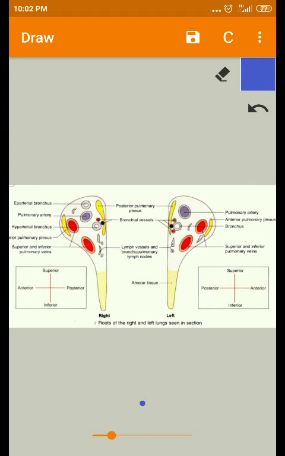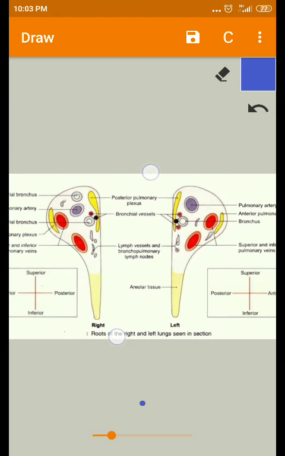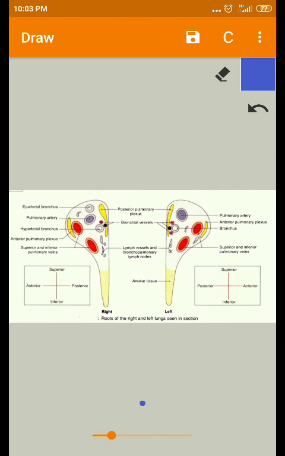It is formed by the structures which either enter or come out from the hilum. The roots of the lung lie opposite the 5th, 6th and 7th thoracic vertebrae, and the contents of the root are mainly the principal bronchus.